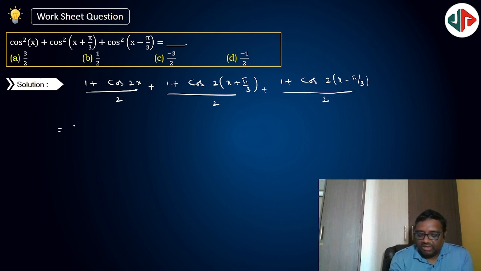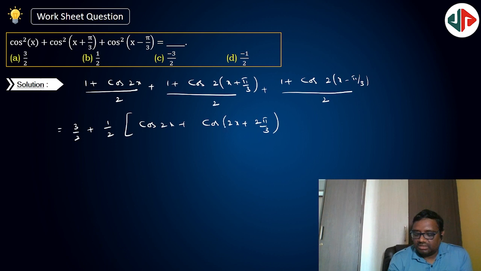So we can rewrite this value as 3 by 2 plus 1 by 2 times of cos of 2x plus cos of 2x plus 2 pi by 3 plus cos of 2x minus 2 pi by 3. Now this value is 0 only. So 3 by 2 plus 1 by 2 times 0. So your answer is 3 by 2.